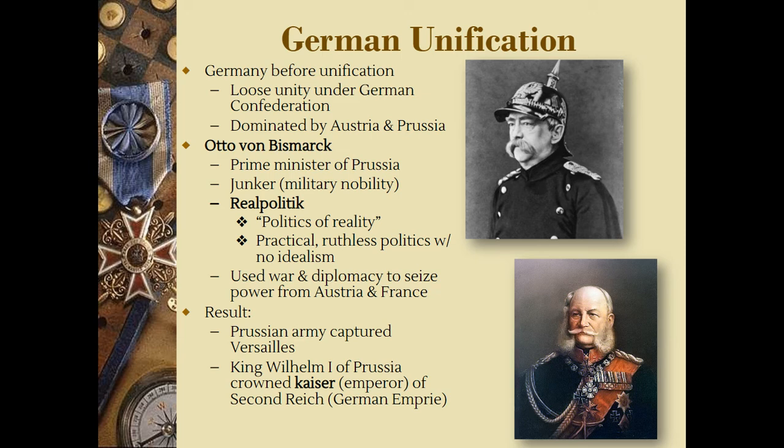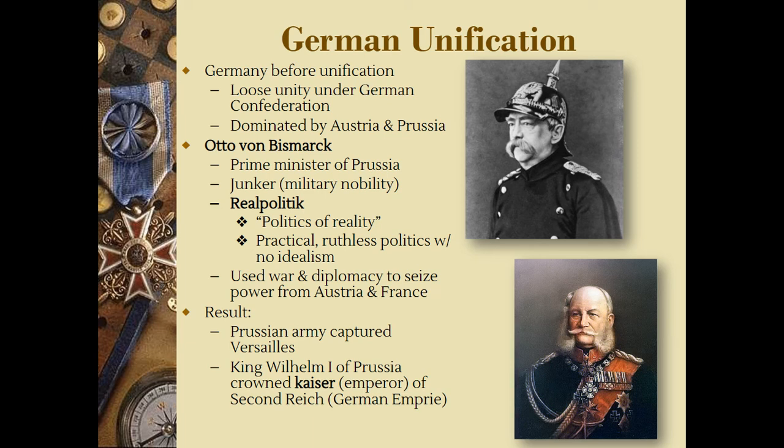And so the Prussian army then marches into France and basically captures Versailles, which, if you remember, is right outside of Paris, the capital of France. And there is when he is able to officially unite the rest of the German states.